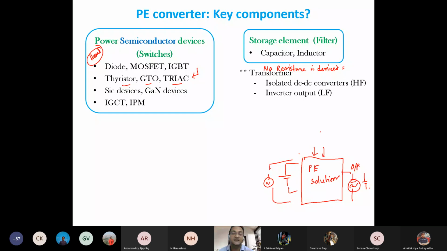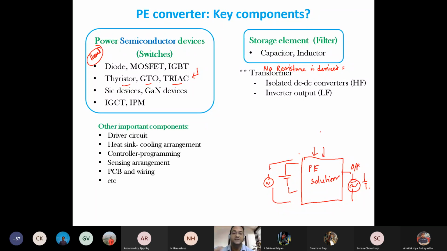These are the main components, but to aid them, we need some other components also. For example, if I want to control my output voltage or output current, I have to switch on and off in a particular fashion with particular time duration. So how do you do it? One option is that you sit near the switch and manually turn it on and off.